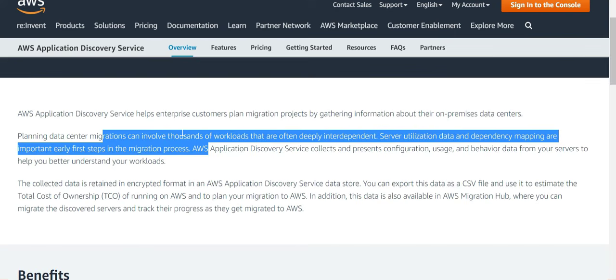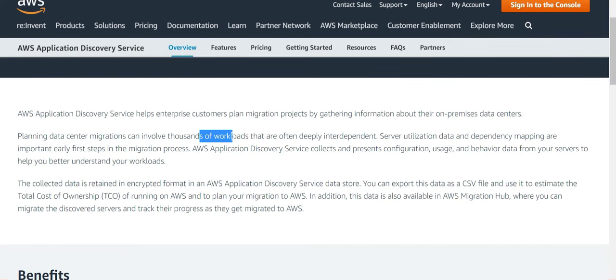If there are thousands of workloads which are deeply interdependent, what it means is if you happen by mistake to migrate just 60% of the workload to cloud and 40% is not migrated, that 60% which is migrated will not work because these are interdependent workloads.